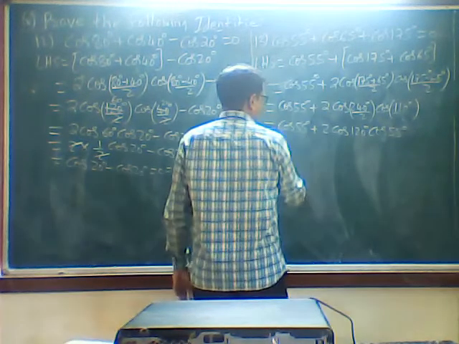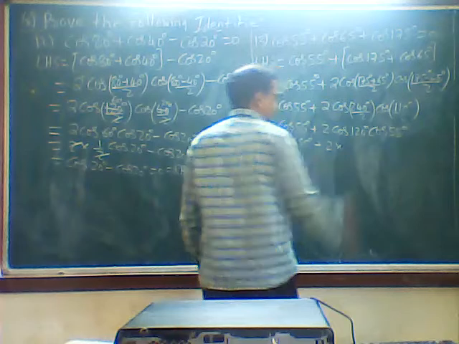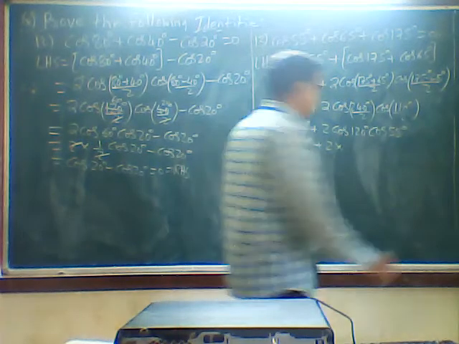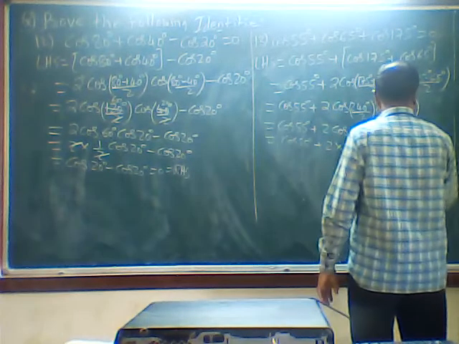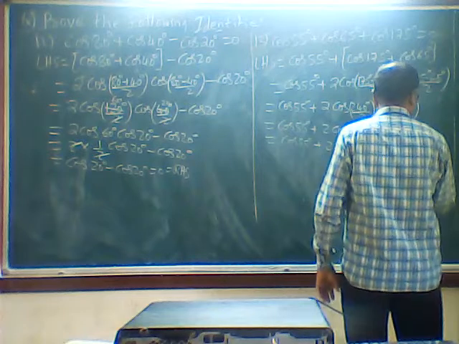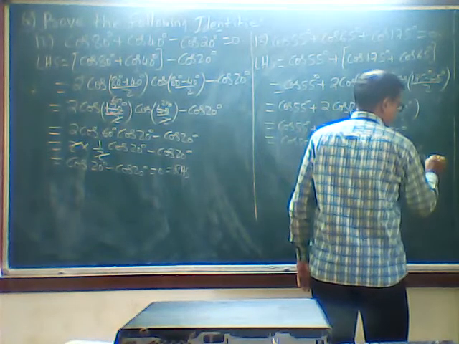Okay. So cos 55 degree as it is plus 2 into what is cos 120 degree? It should be minus half. I will show you how it is. I will work it out here. Cos 120 degree is equal to what? Cos of 90 plus 30.